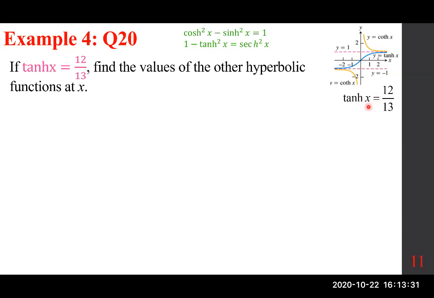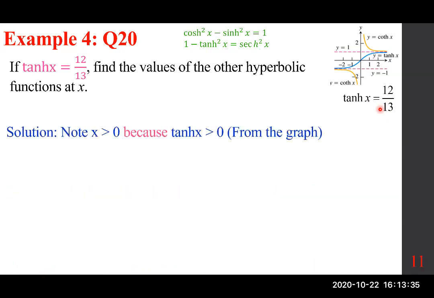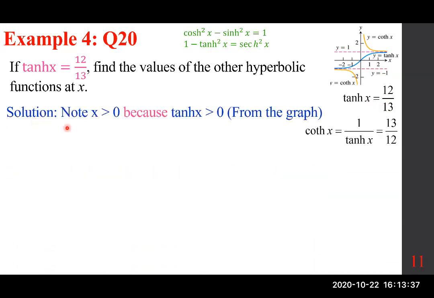So quickly, hyperbolic cotangent is the reciprocal of that. First we have to know that x is larger than 0. So take a look at the graph and it tells you. Hyperbolic tangent is given, hyperbolic cotangent is the same thing, flip it over. Then if we use this identity, we can find hyperbolic secant.